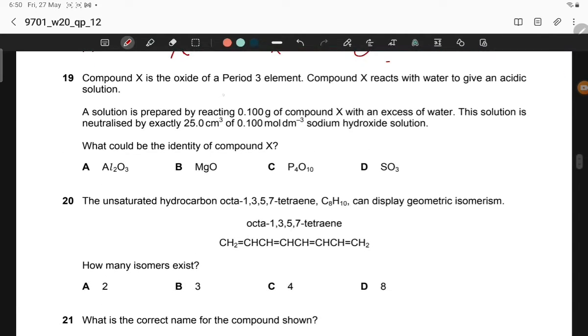Compound X is the oxide of a period 3 element. Compound X reacts with water to give an acidic solution. A solution is prepared by reacting 0.100 gram of compound X with an excess of water. This solution is neutralized by exactly 25 cm³ of 0.100 mol per dm³ sodium hydroxide solution. What could be the identity of compound X?